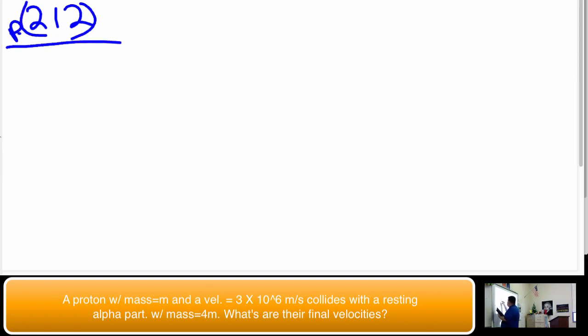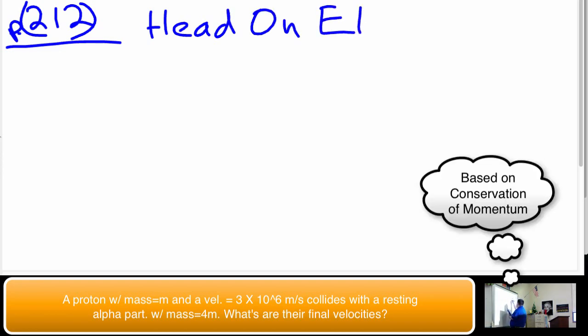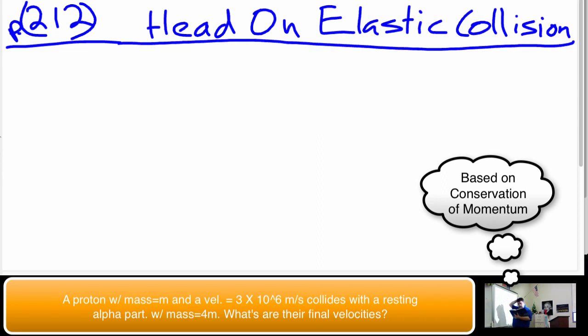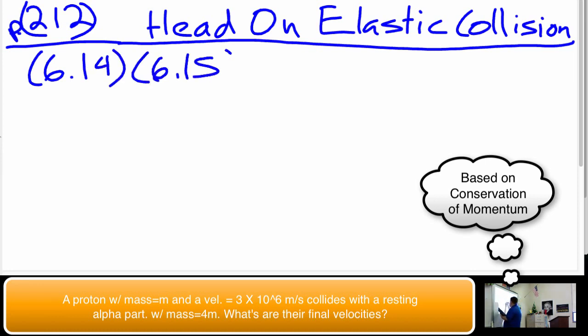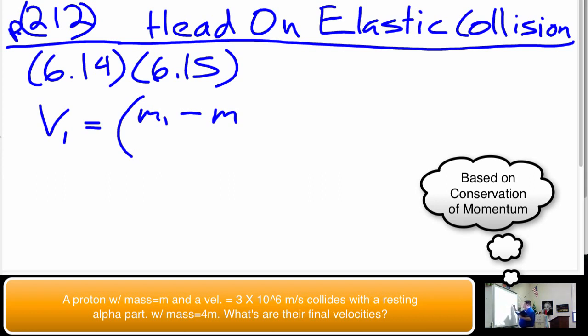they've kind of went through that process and they said, hey, look, if you have a head-on elastic collision, and these are formulas 6.14 and 6.15, then the velocity of the object number 1 is equal to the mass of the first object minus the mass of the second object. In other words, think of this in terms of this is object number 1 and this is object number 2.